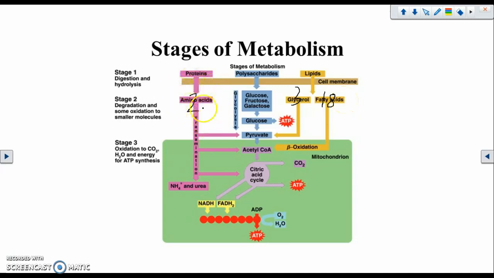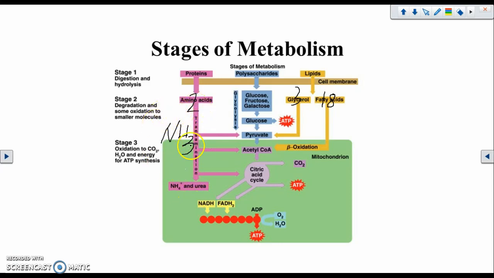Folks, we can also use proteins and lipids and even nucleic acids to make ATP. The only problem with amino acids is that they have this toxic group called ammonia. So the first thing that you have to do in order to use protein, folks, is remove the ammonia in a process called transamination.